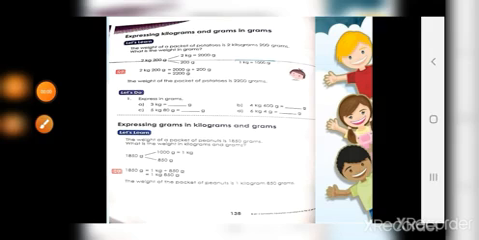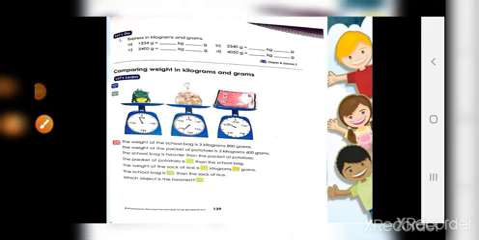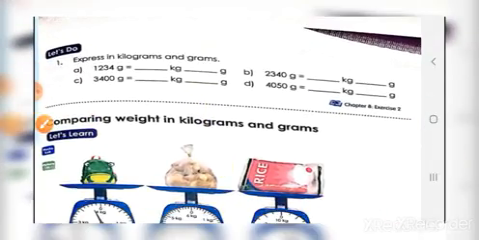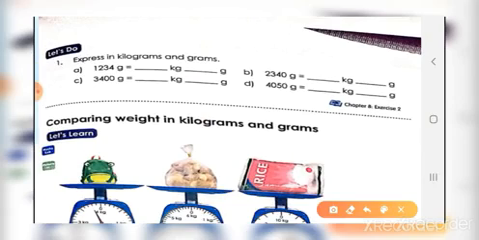So let's move ahead. Here you can see we have our let's do exercise, that is express in kilograms and grams. A is given as 1234 grams, and we have to convert it into kilograms and grams.